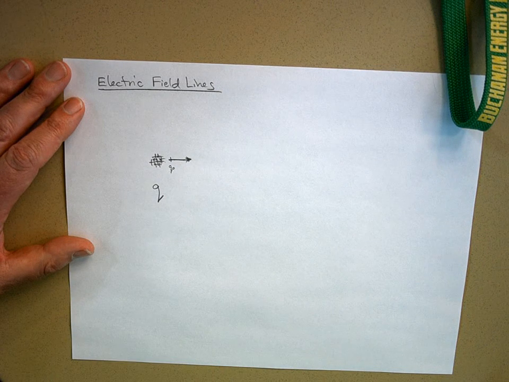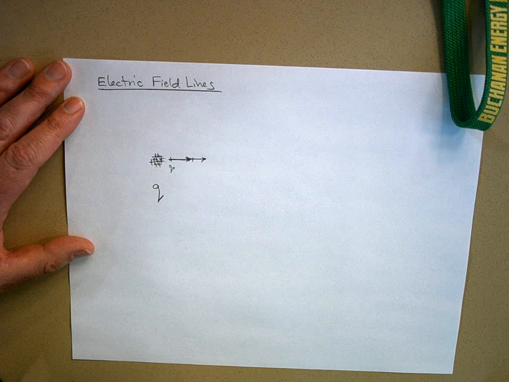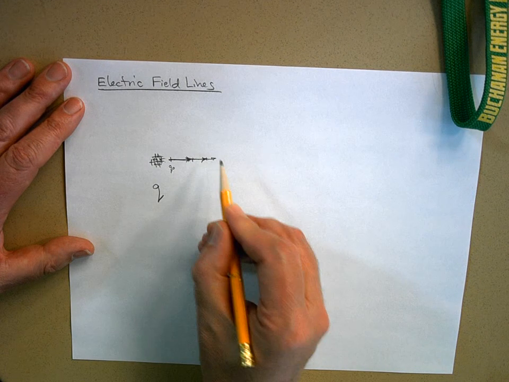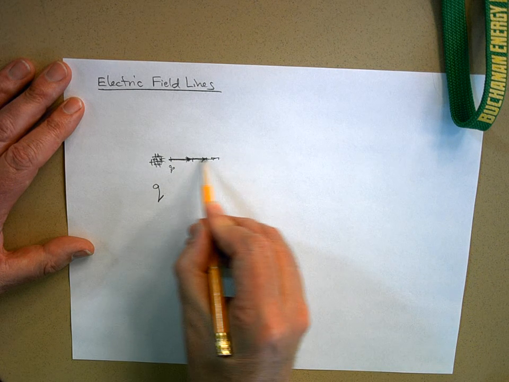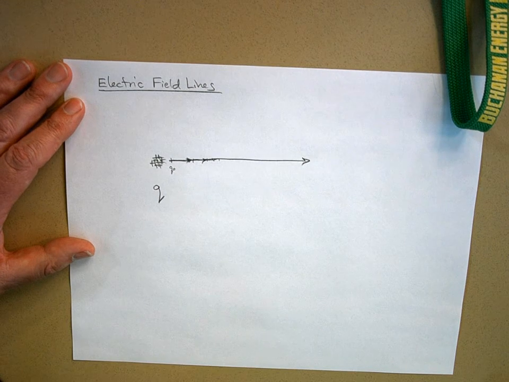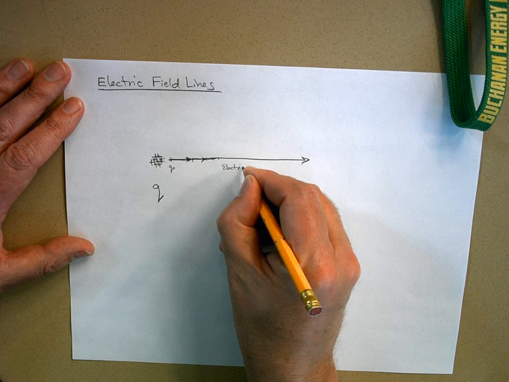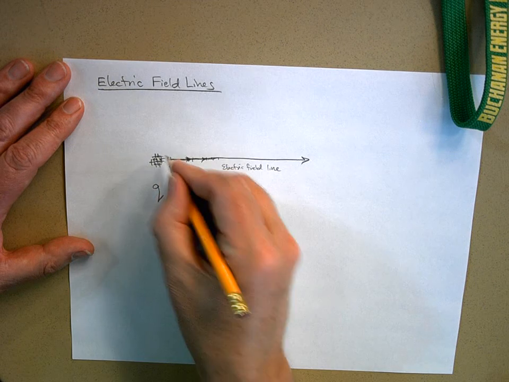Well, what if I put Q naught over here? Now I'm farther away, so it's not going to be as strong, but it's going to be in the same direction. What if I put it here? It's going to be a little weaker, but no matter where I go, I can just keep lining it up. And so what I'm going to do is draw an electric field line. This is my field line.